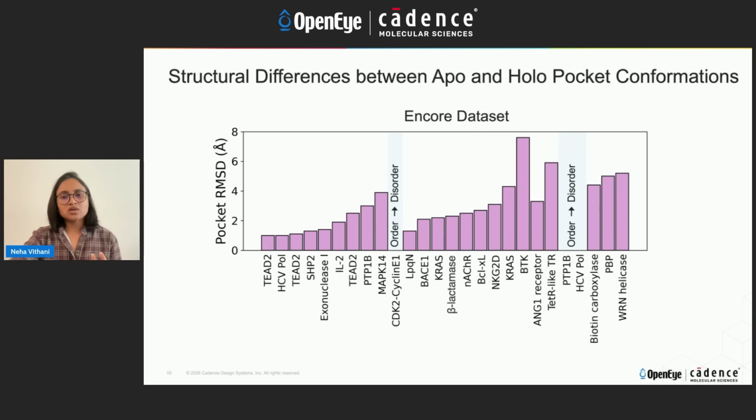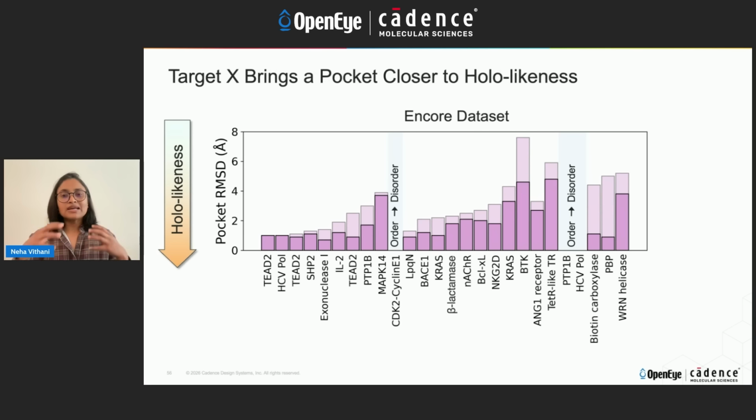When we use weighted ensemble molecular dynamic simulations, we sample pocket conformations that look more holo-like compared to the starting structure. Can we take advantage of the conformational heterogeneity of pockets that is sampled by running TargetX method?